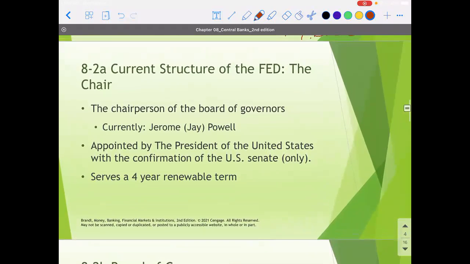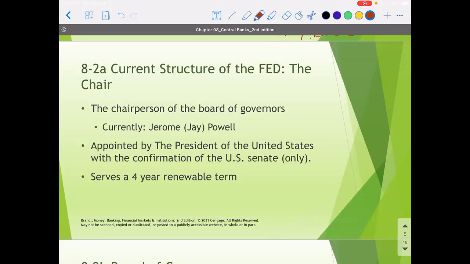The current chair of the Board of Governors today is Jay Powell. He succeeded Janet Yellen, who used to be the president of the 12th district, our district, Federal Reserve District 12 for San Francisco.